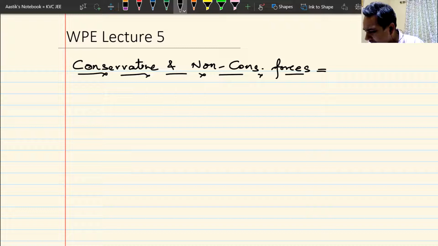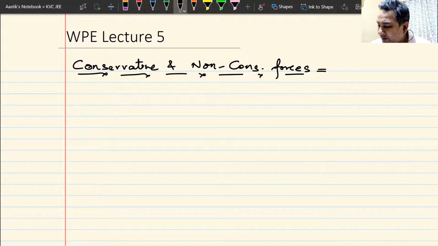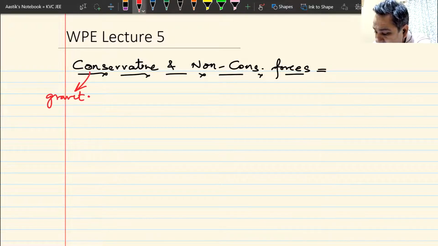Let us start with what I mean by conservative force. In order to understand conservative force, let us first look at some examples. The very first example is gravity or gravitation. Gravitational force is conservative in nature.